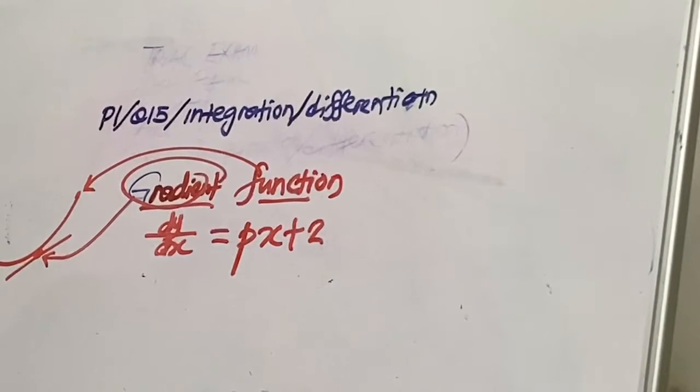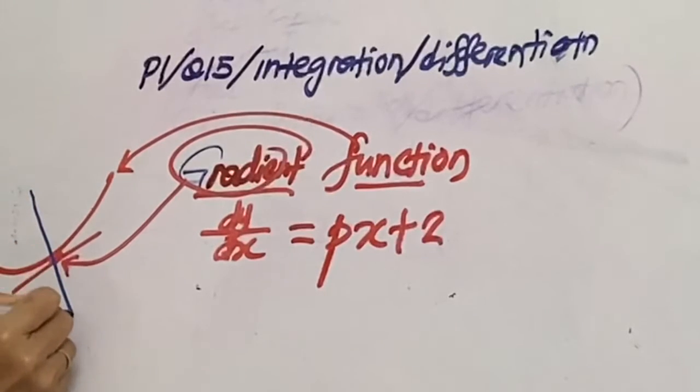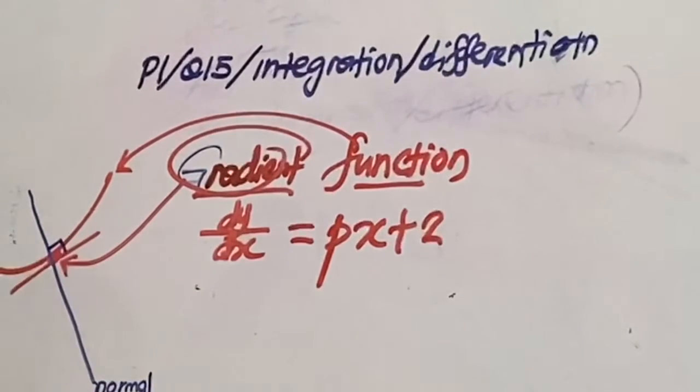Given that the normal gradient, this normal is going to make a right angle with the dy dx. So meaning that this is m2. Quickly you write the concept. That means the dy dx will be your m1.